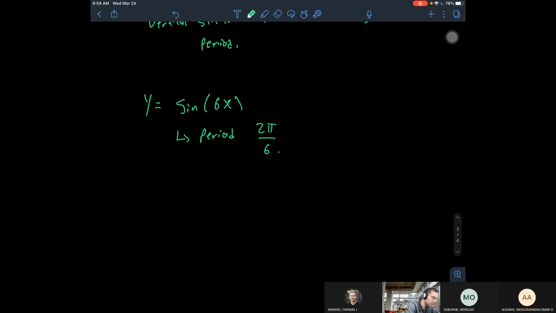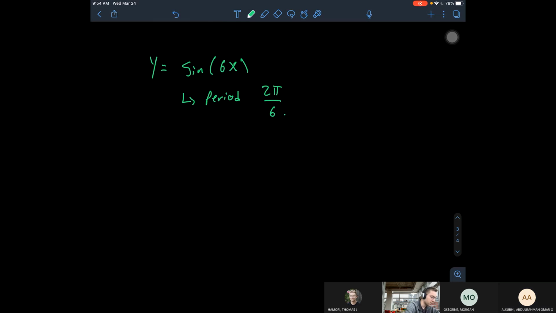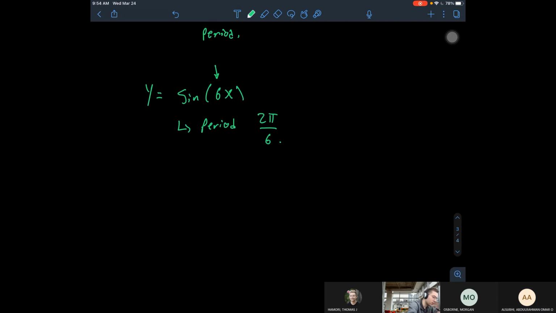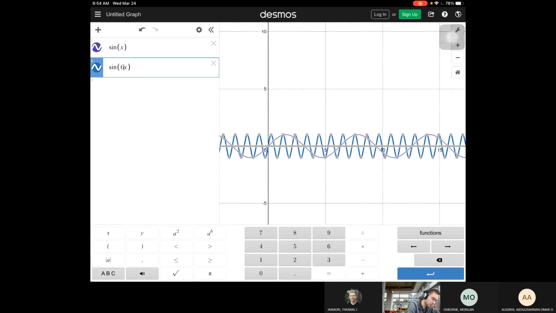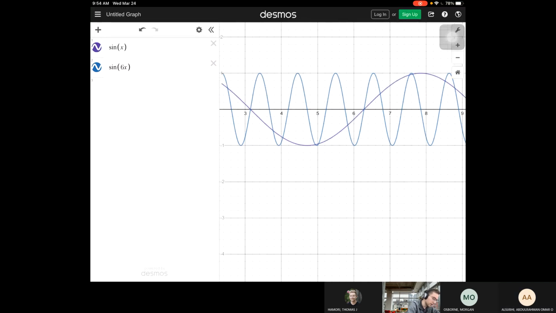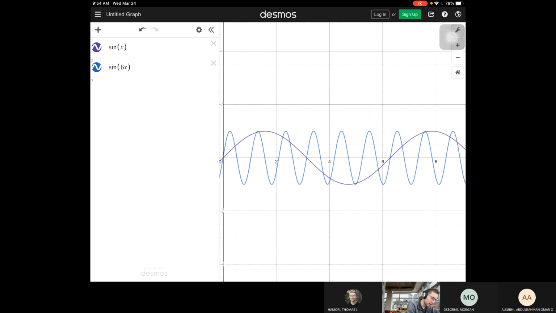Okay, so if we have y equals sine of 6x, it makes sense, right? Because this is a horizontal compression by a factor of 1 over 6, right? If we graph it using Desmos or just on our own, if we put a 6 in here, what does it look like? Well, it looks much more wiggly, right?